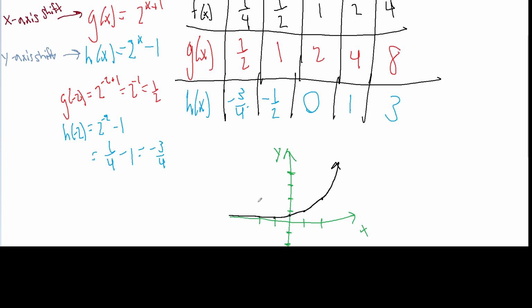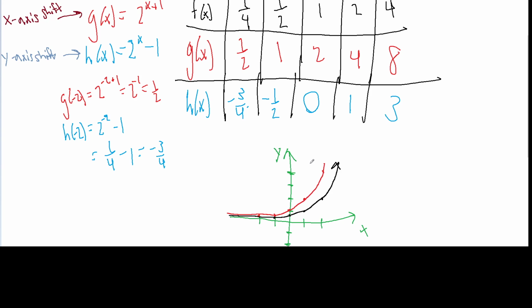And then with g of x, when I'm at -2, it's really 1/2. And at -1, I'm at 1. At 0, I'm at 2. At 1, I am at 4. And at 2, I am at 8. And this graph looks like this.